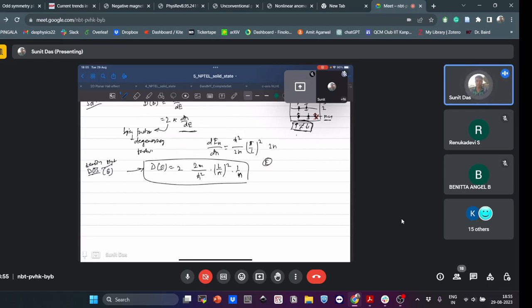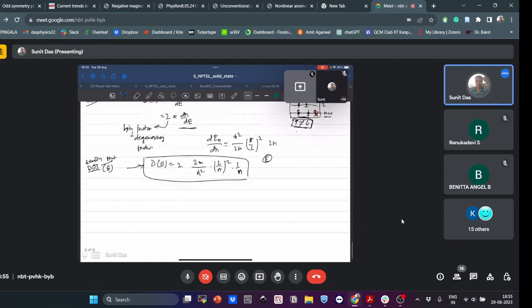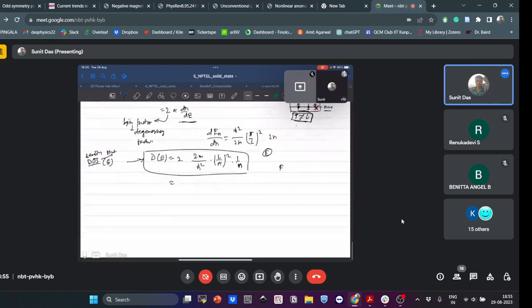So we can just again use this En formula, h bar square by 2m into n pi by L square. So if you convert it, I need to put the n value. So it will be E L square by pi square into 2m by h square.